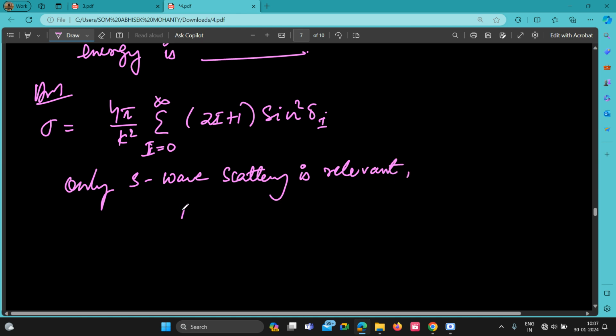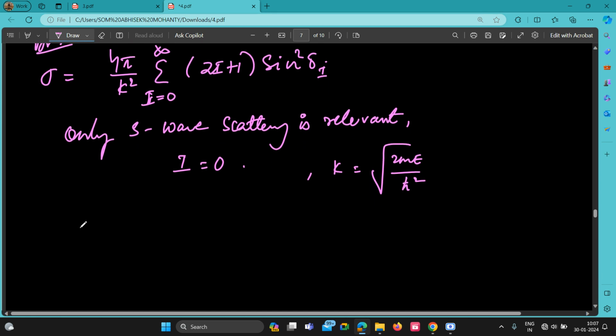So for S wave, we know l is equal to 0. And we know k is equal to root over 2mE by h cut square. So sigma will be 4 pi by k square, l will be 0, sine square delta 0.